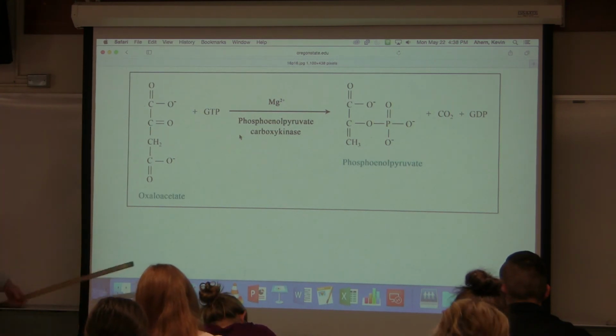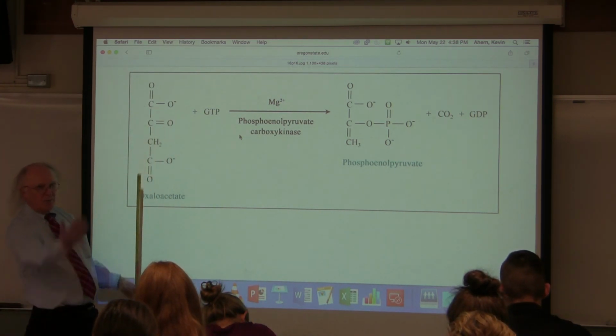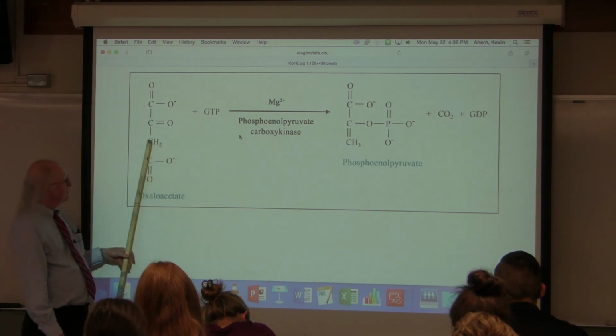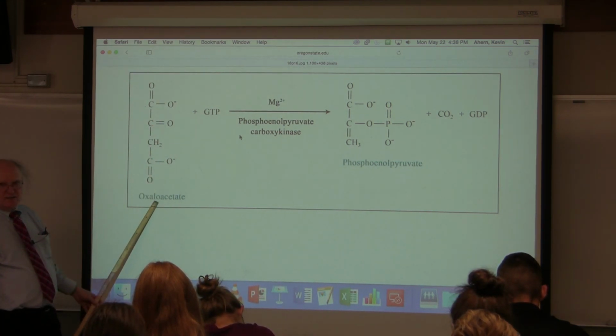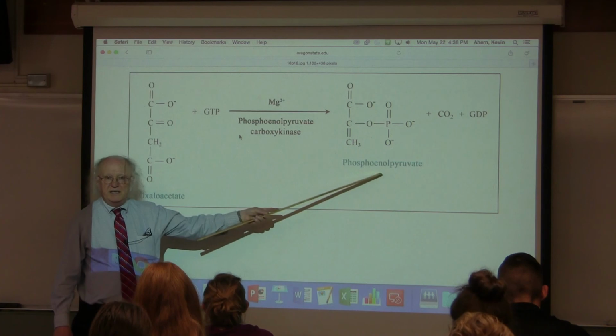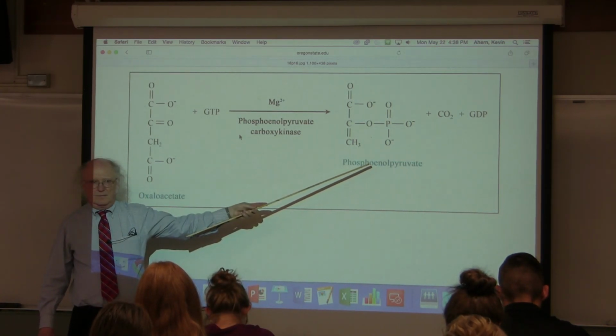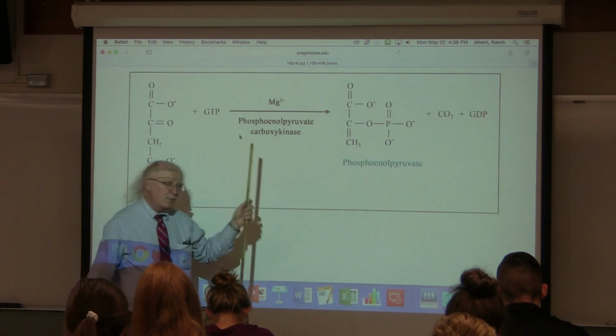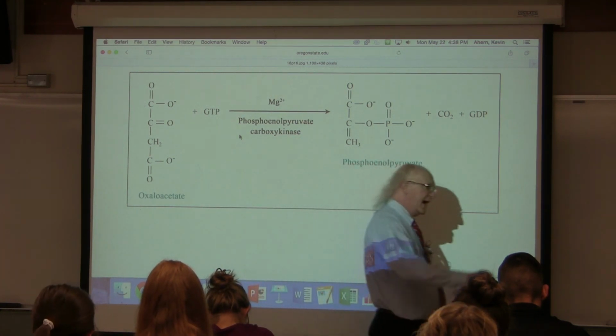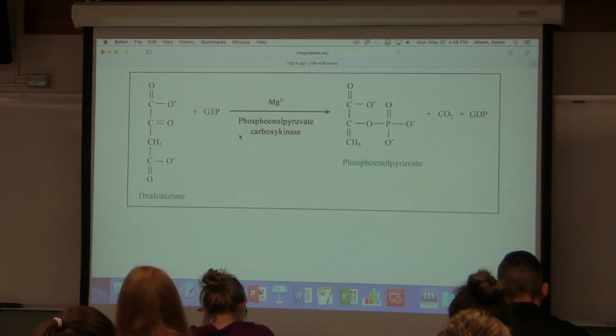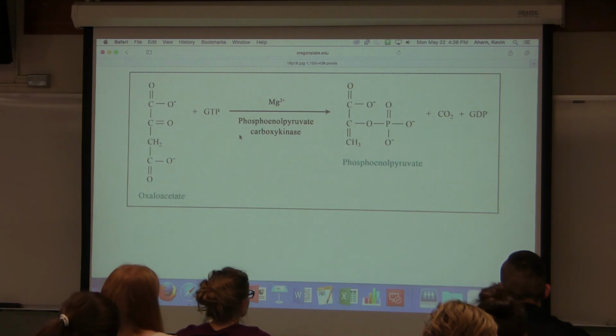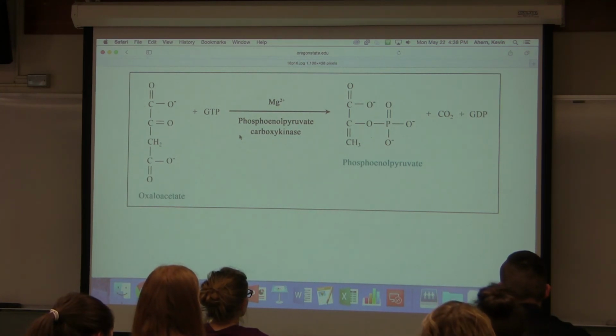Let's look at the second reaction of gluconeogenesis. Remember, starting at the bottom and moving upwards. The second reaction converts oxaloacetate into PEP. Now, notice what we had to do in gluconeogenesis. We had to use two reactions to go from pyruvate to PEP.